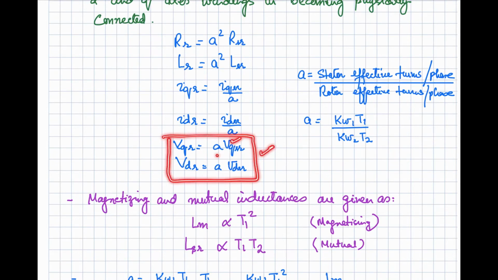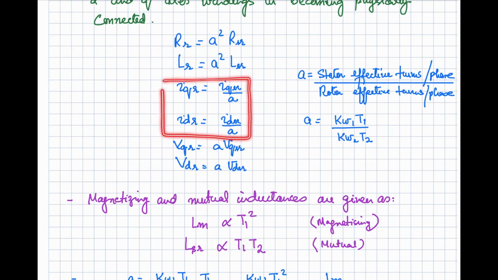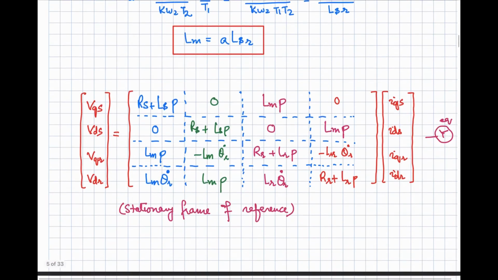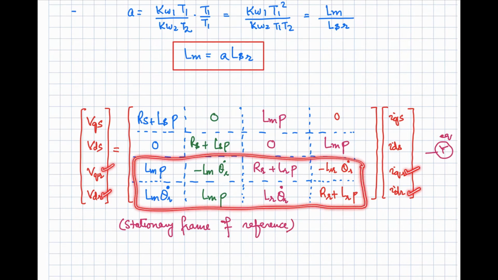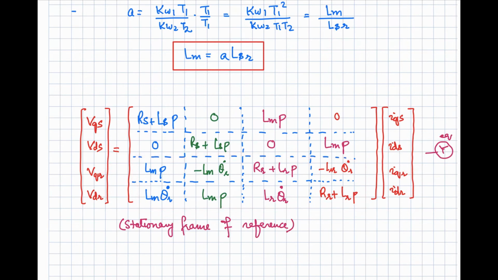So these will be multiplied with A, and similarly we will be translating the currents by dividing them by A, and we will be updating these resistances and inductances using this expression. So the above voltage equation will now be updated and written in terms of VQR, VDR, IQR and IDR, and the resulting parameters in the transformation are like this.